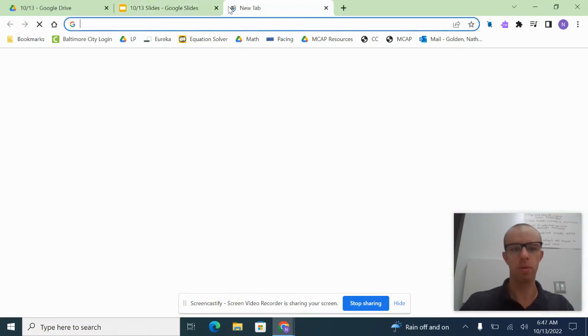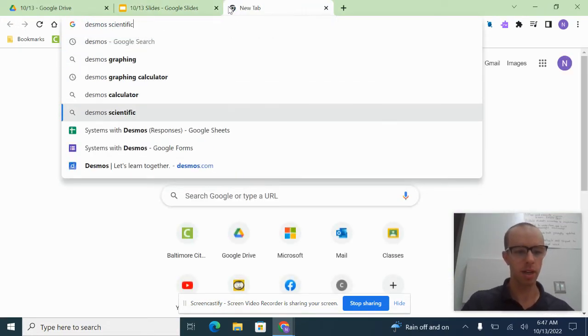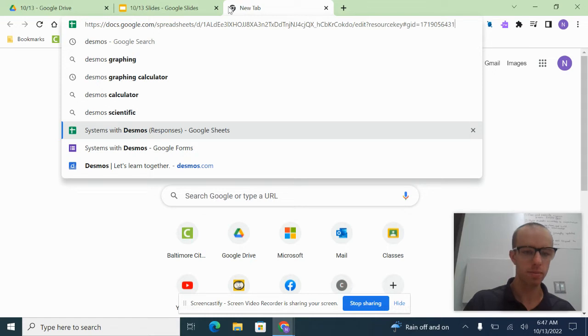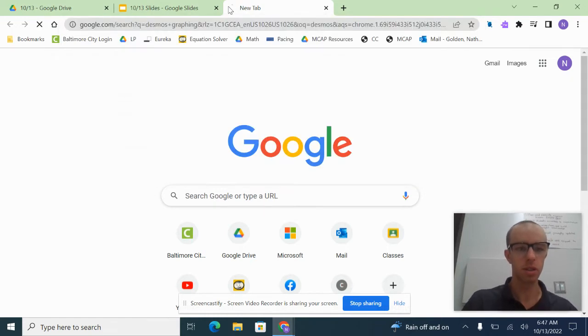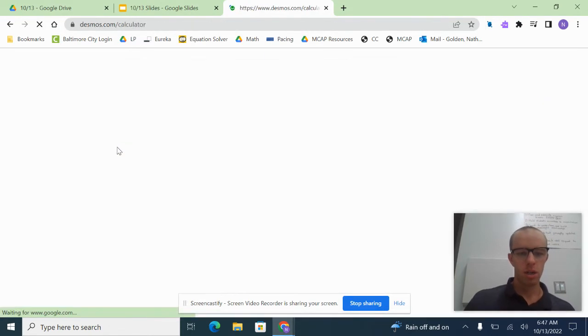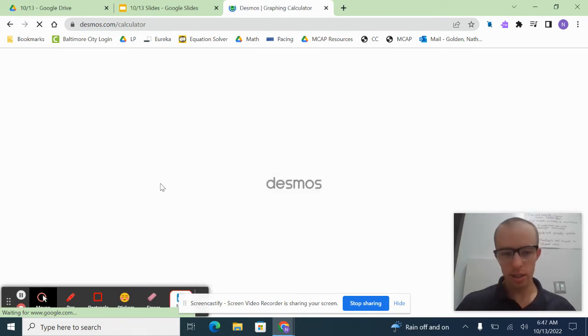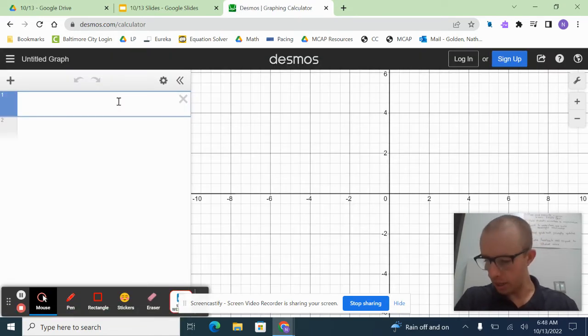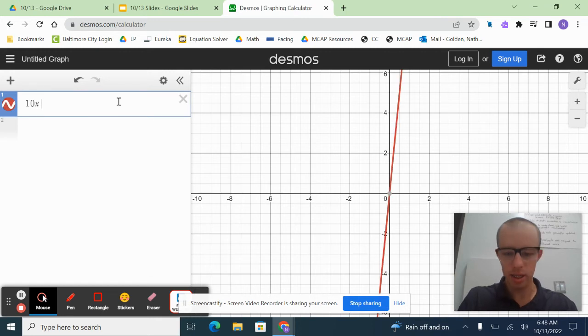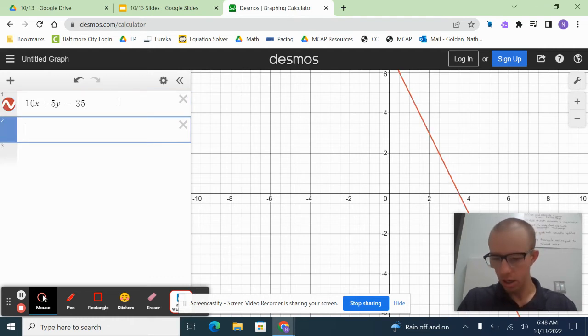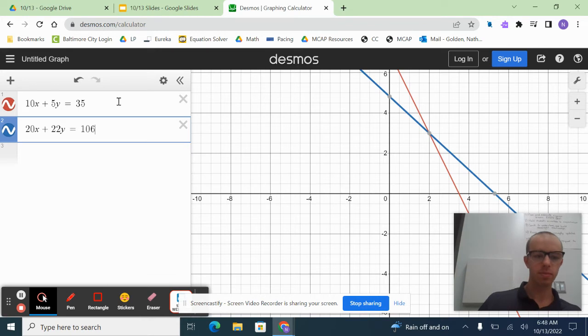So I'm going to pull up Desmos graphing calculator. All right, so I'm going to type my equations. 10x plus 5y equals 35, and 20x plus 22y equals 106.